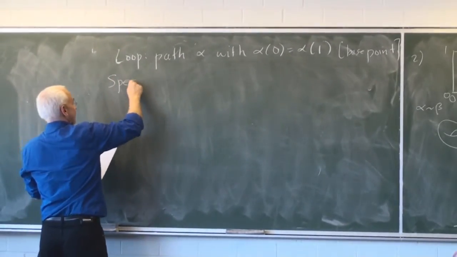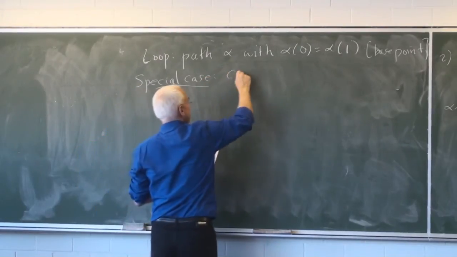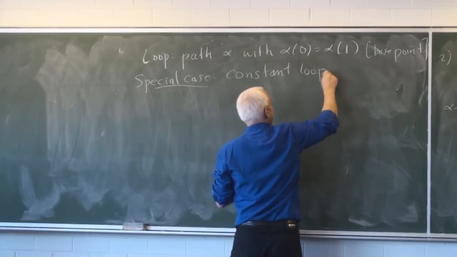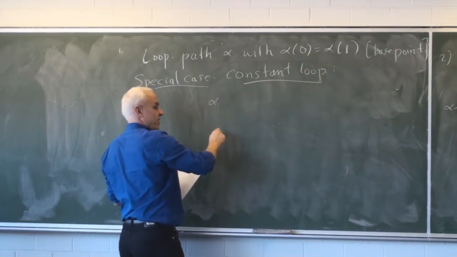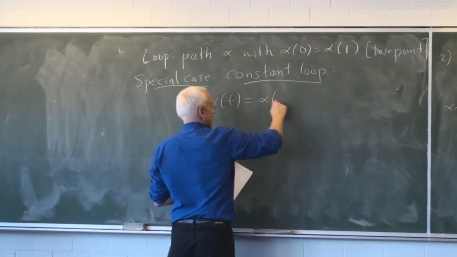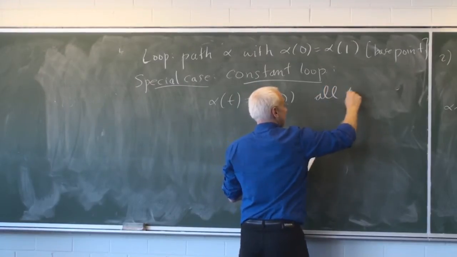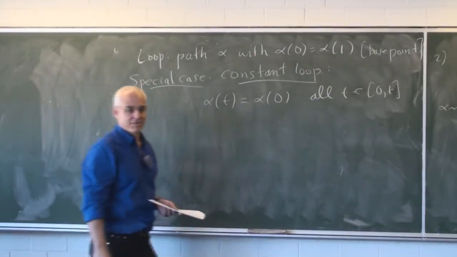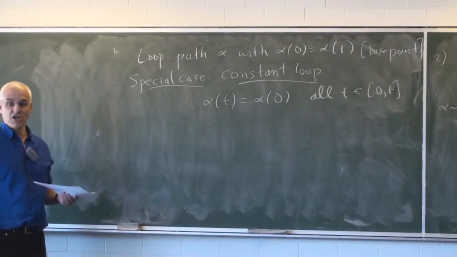So, a simple but important special case. It's called the constant loop. And it is just a path which has the property that alpha of t is equal to alpha 0 for all t in our interval. This is a path that is not going anywhere.